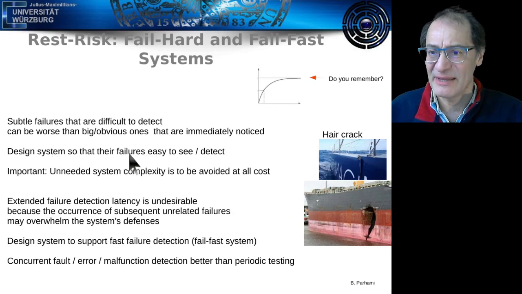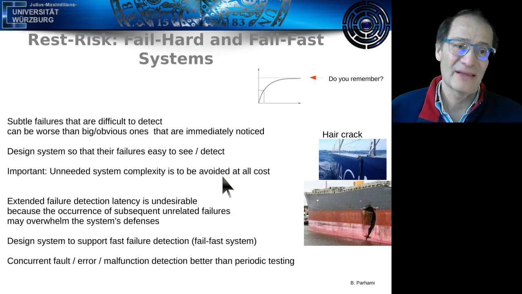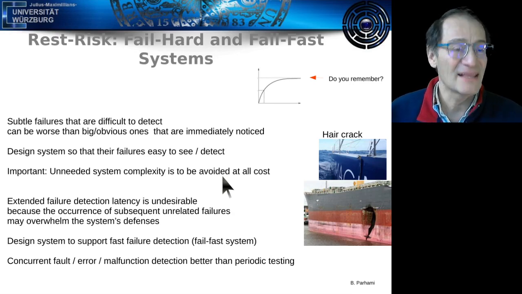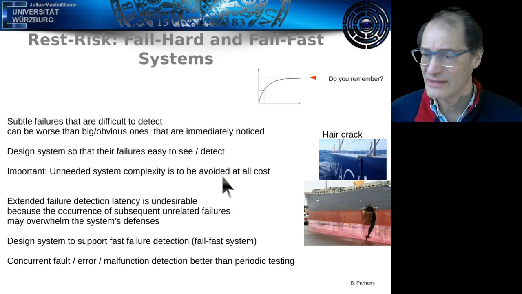Remember, it's better to have failures which are easier to see and to detect, even if they are bigger. And something important, unneeded system complexity shall be reduced. Do you remember one of the main causes of failures and accidents is higher complexity, because complex systems will fail and can fail in many different ways.